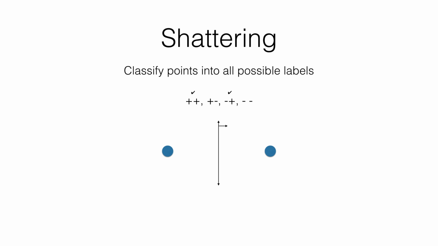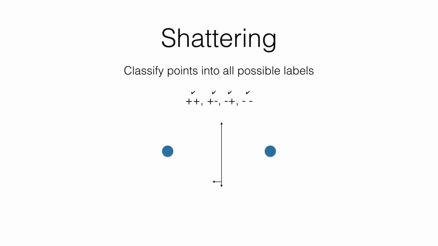If we move the line a little bit to the right, we can get a minus plus classification, and if we move it all the way to the right, we get a minus minus classification. And then finally, if we flip it around and stick it back in the middle, we get a plus minus classification. So by exhaustively trying members of the two-dimensional linear classifier hypothesis class, we've shown that 2 points can be shattered by 2D linear classifiers.